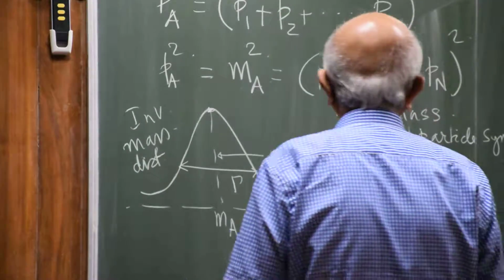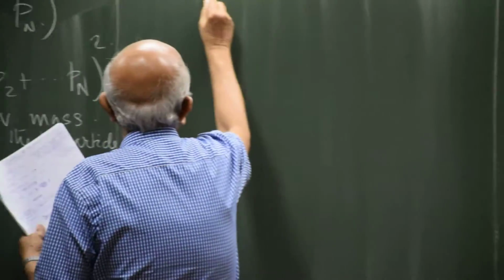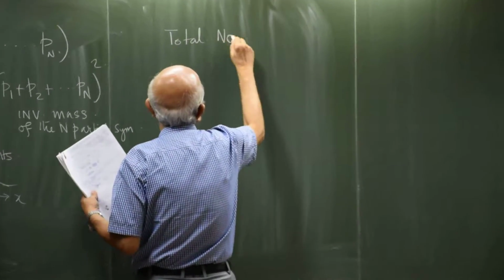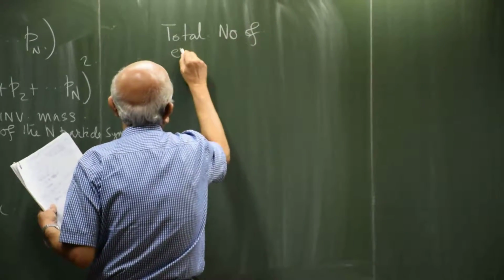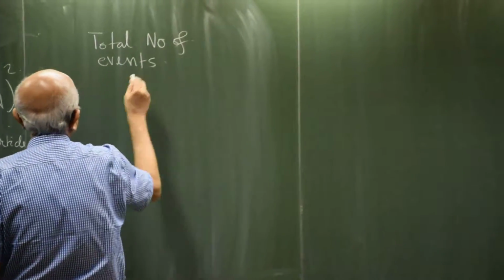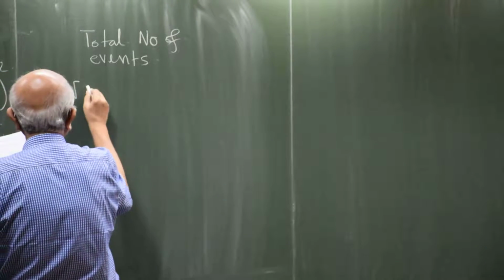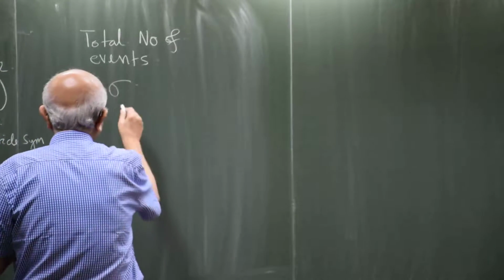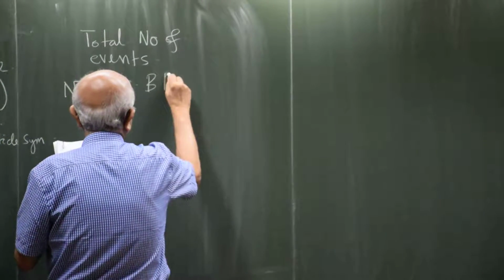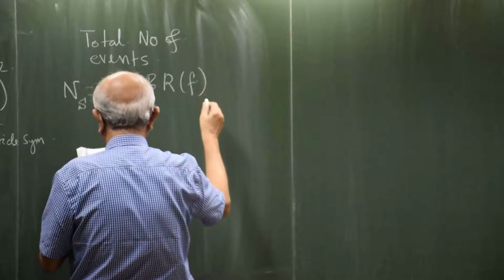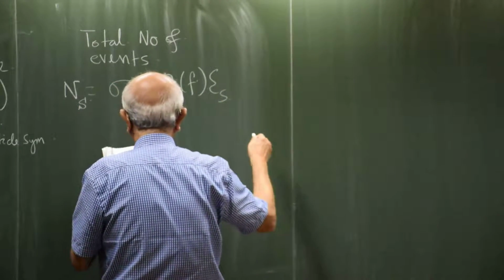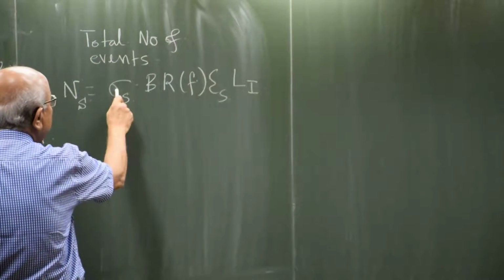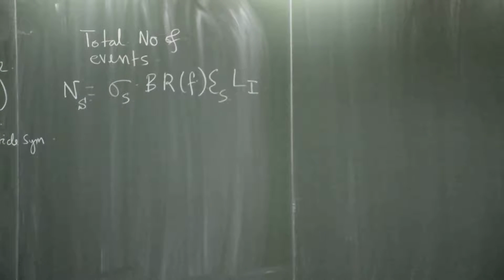The second important thing we learned is the formula for the total number of events. One is the number of signal events, and this is, as I told you, the cross section for the production of the signal.